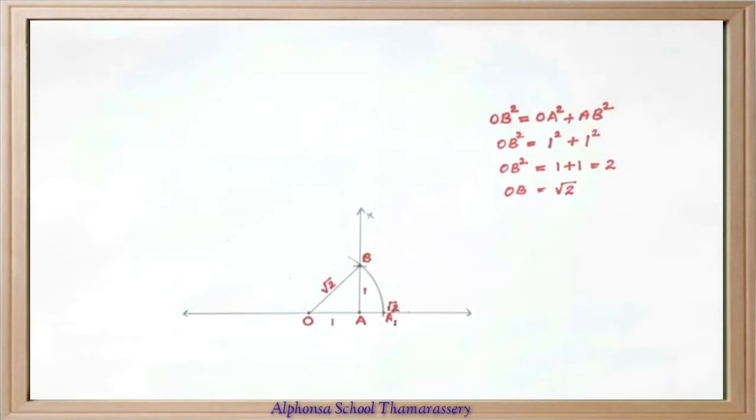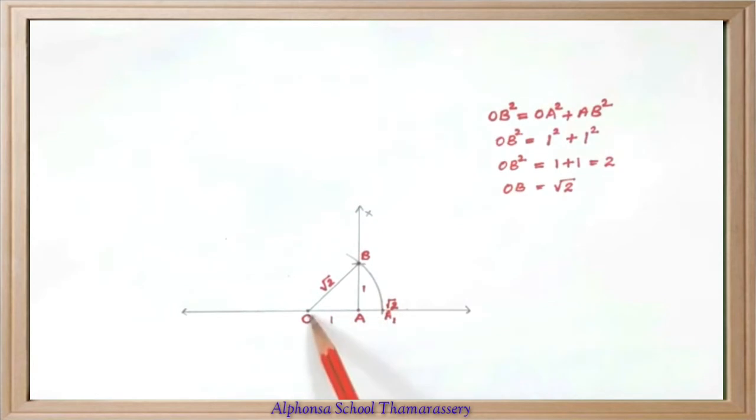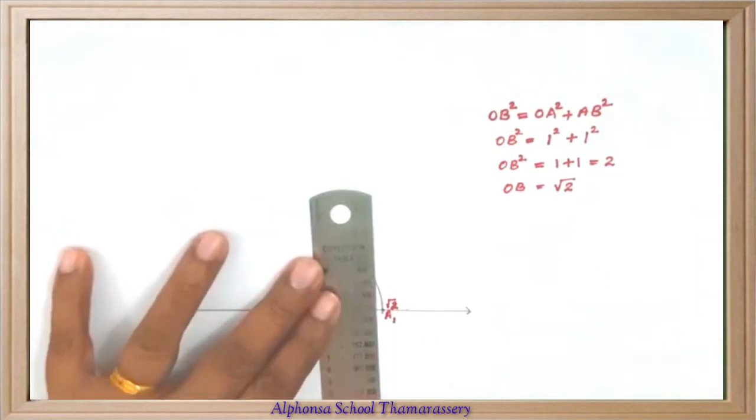Similarly, you can draw root 3 on the number line. For that, you have to draw a perpendicular line at the point A1. Now we know OA1 is root 2 units. So, draw a perpendicular line at the point A1.